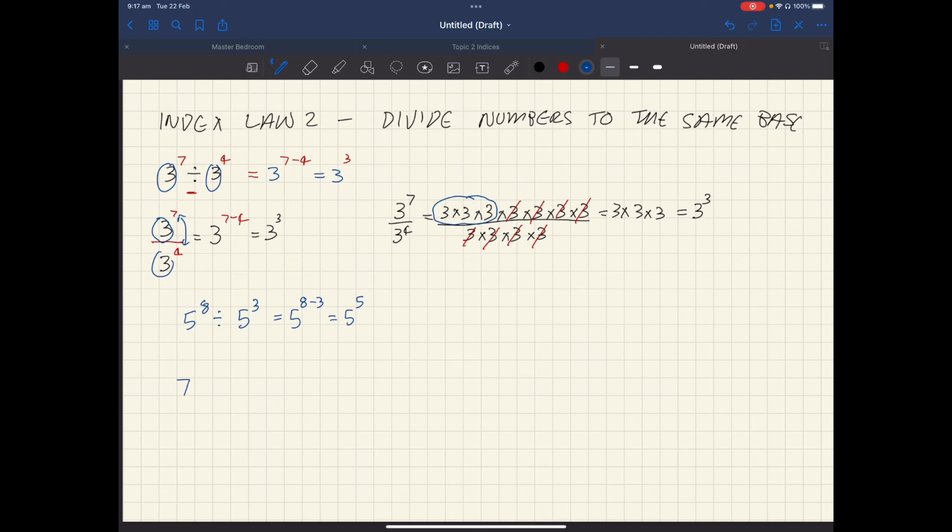If I had 7 to the power of 6 divided by 7 to the power of 2, 7 is their base, subtract their indices, 6 minus 2. Notice the index on the top line goes first, so we get 7 to the power of 6 minus 2, which is 7 to the power of 4.